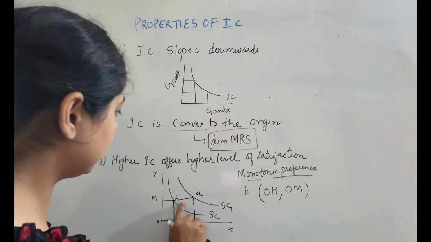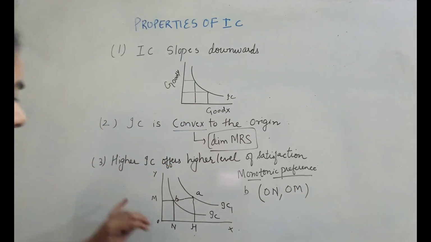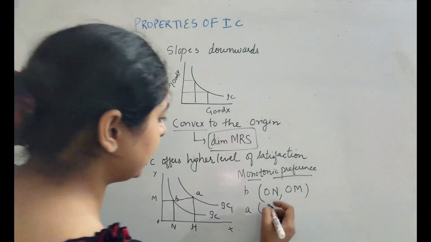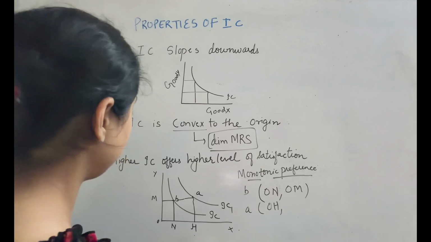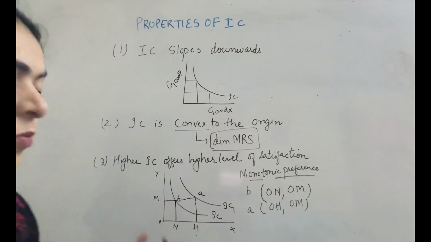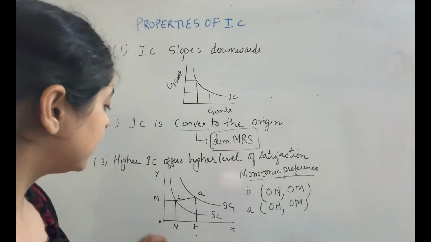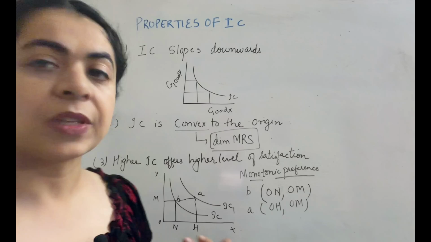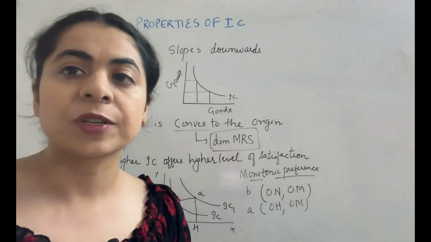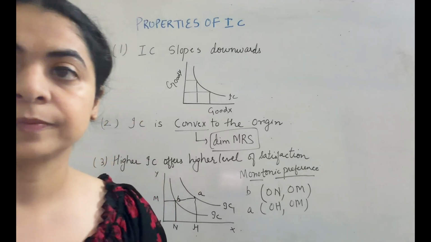At point B, he is able to consume ON units of X and OM units of Y, and at point A he is consuming OH units of X and the same number of units of Y. Since point A, which lies on the higher indifference curve IC1, offers him more units of good X and there is no change in his consumption of good Y, his overall satisfaction will be higher at a point which lies on a higher indifference curve.